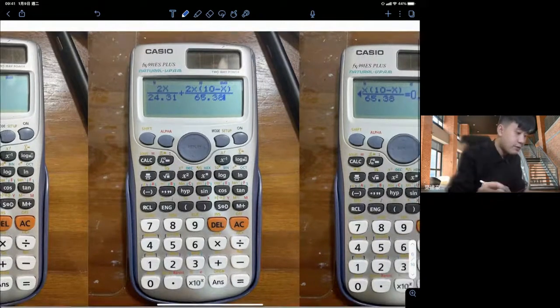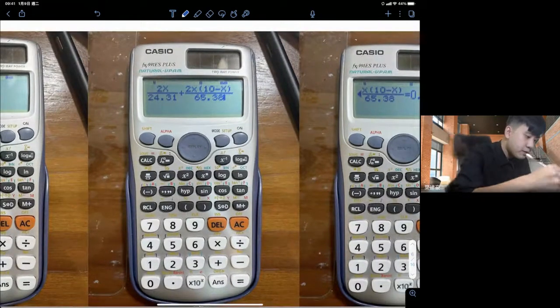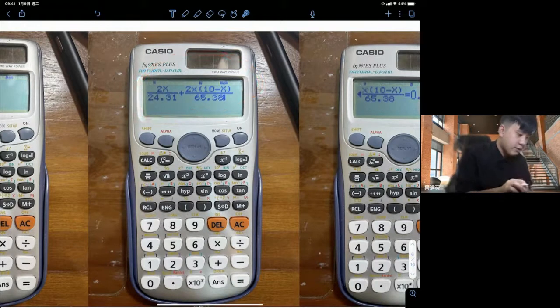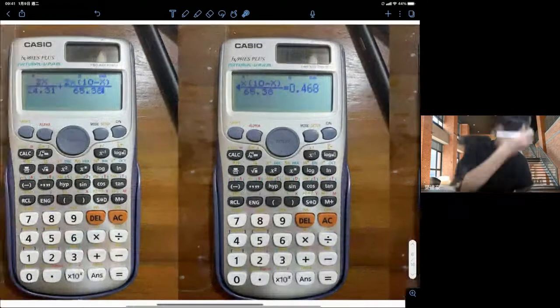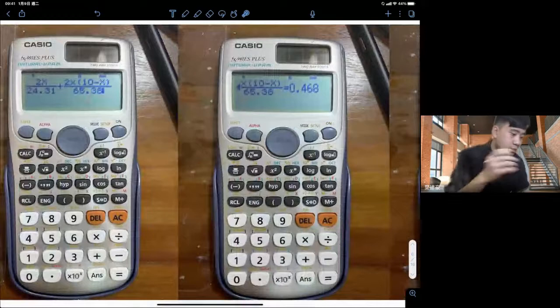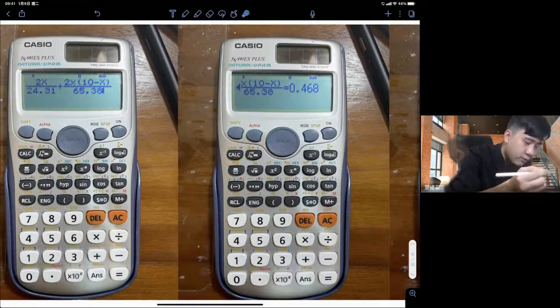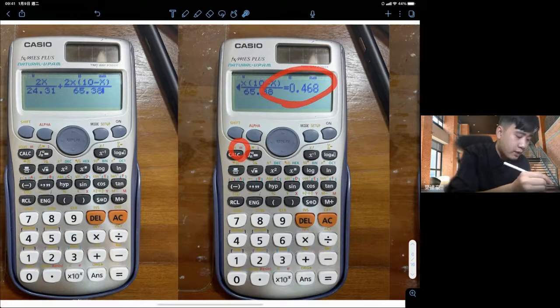So first, type your equation like this, and the trickiest part is over here. When you're finishing the equation, you have to press alpha again and press this, because the red means I want to type the red one inside of my calculator.